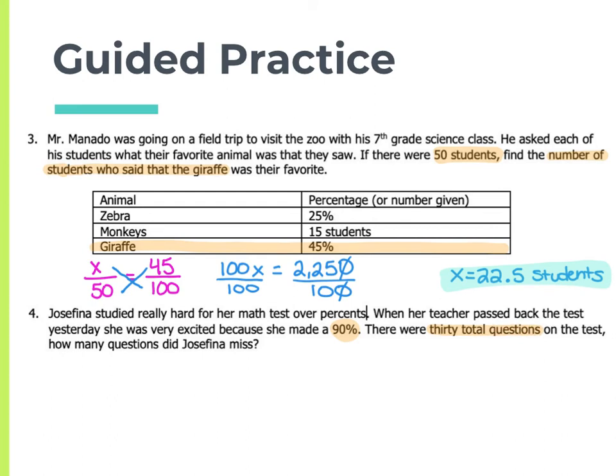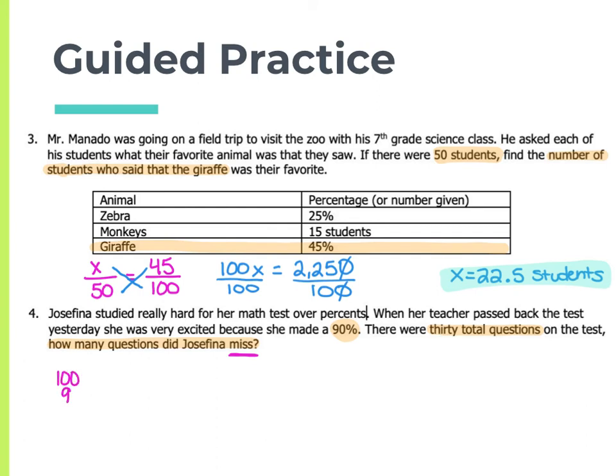How many questions did Josephina miss? I want to pay close attention to that word miss. Because if she made a 90 on her test, those are all the questions that she got right. So I would want to look for the percentage of questions that she missed so I could find the question amount that she missed.